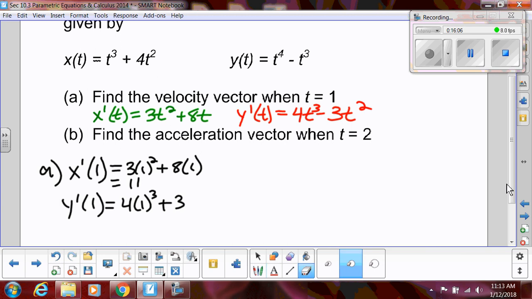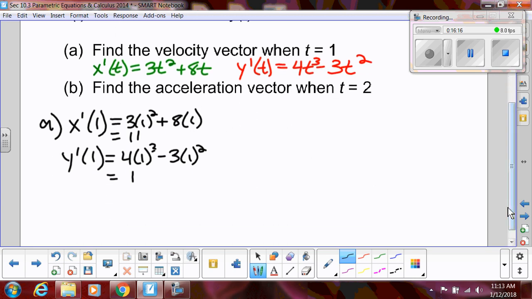Oops, that's a minus. And that's going to give me 1. So the vector in vector component form would be 11 comma 1. So notice when they want a vector, they want you to keep it separate. It's not the magnitude.